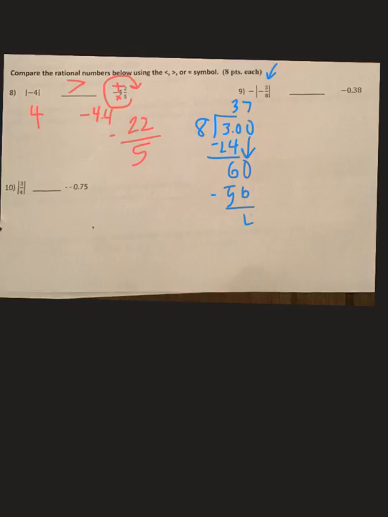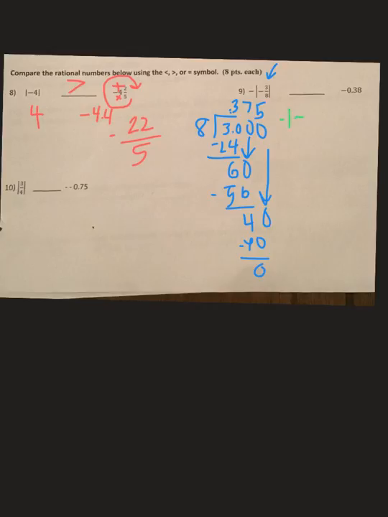Subtract, and we get 4. Add a 0, drop a 0, and then 8 can go into 40 5 times. 8 times 5 is 40, and we're done. So just don't forget to bring up your decimal. So we have 375 thousandths. Now remember, the original problem, we had a negative, absolute value negative.